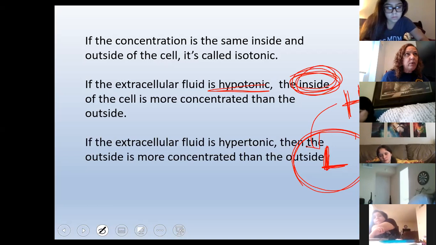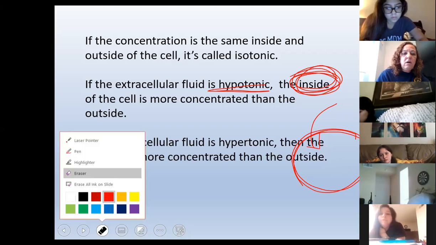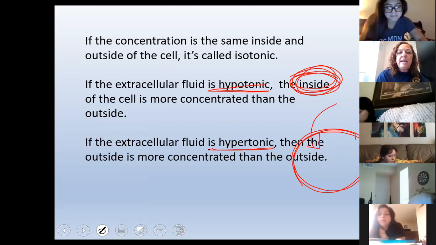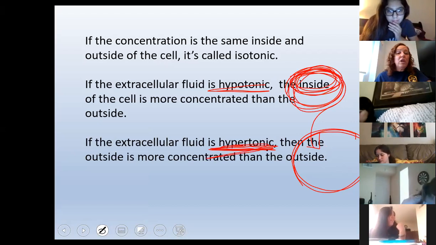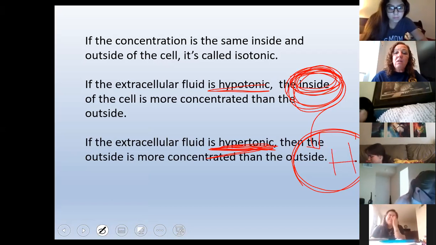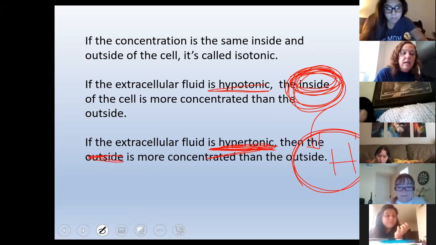I'm going to give you an example here that I think you might be able to relate to. If I have hyper, I'm still referring to the inside in comparison. Hyper means excessive. This should not say outside, because that doesn't make any sense.